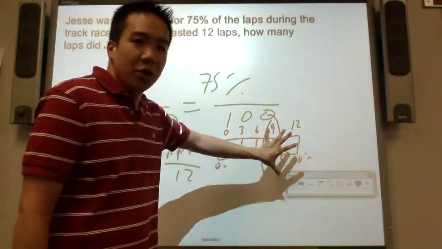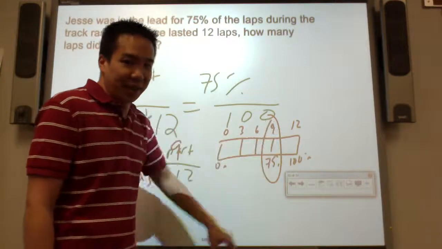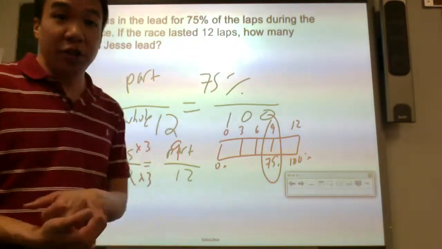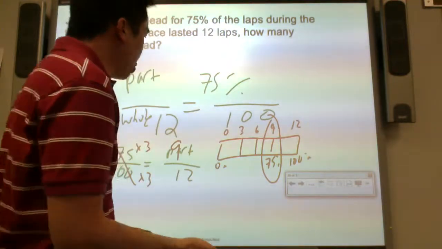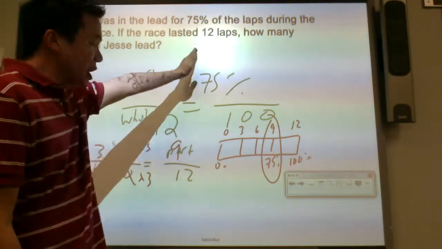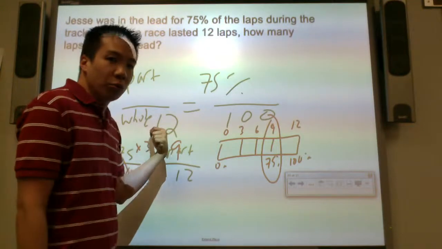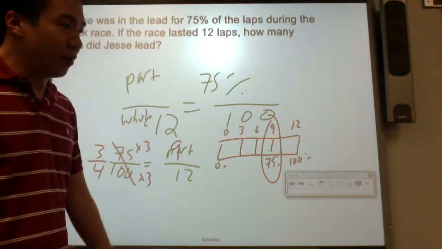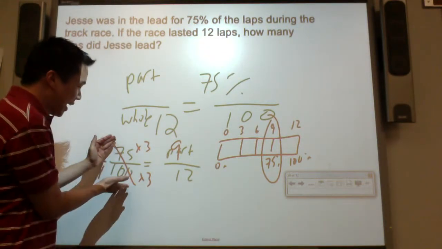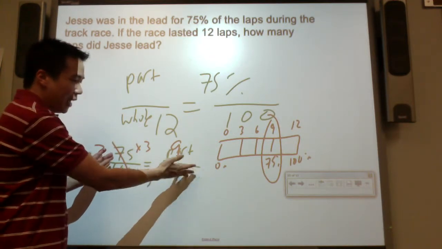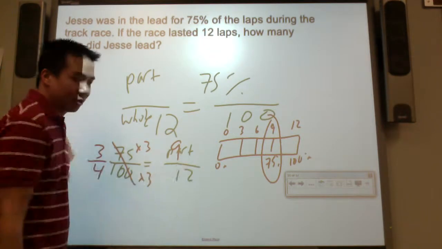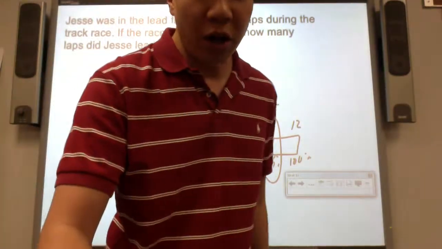But there's nothing wrong with using models like this. Whatever you feel comfortable with, you'll be able to solve. Through it, given the percent and given the whole, you're able to find a part of it. How? You can break things down and build it up. Sometimes you can go exactly by building it up and get the answer. Sometimes you just have to break it down, whatever is easier. So this is part of a whole lesson.